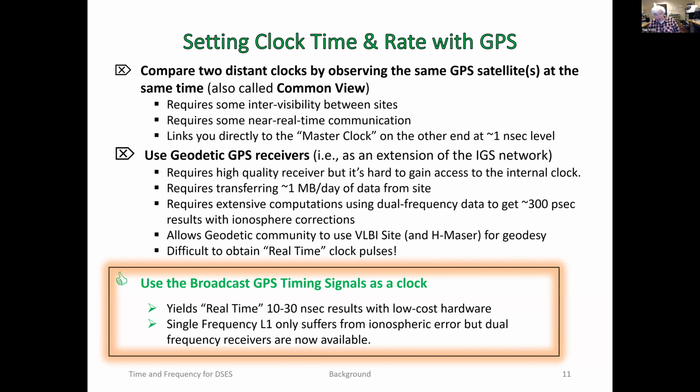Now that sounds really good, and it is good, but as time goes on, a large portion of the 30 nanosecond errors is ionospheric scintillation, and we're going to get rid of that too as we move from L1 receivers to L1, L5 receivers, or in the interim L1, L2 receivers, but either way, dual frequency receivers that can compensate dynamically for ionospheric fluctuations.